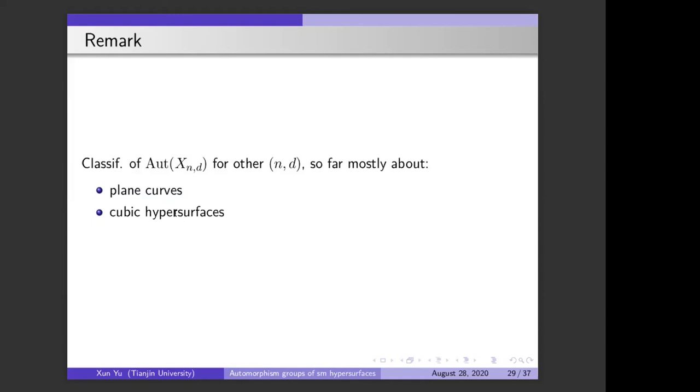For higher dimension, like cubic fourfolds, the symplectic ones were recently classified by Laza and Zheng. But the full automorphism group classification seems unknown in that case. For other cases, not many results seem known for the classification of Aut X for given n and d. Hopefully, our strategy can be applied to new pairs of n, d.